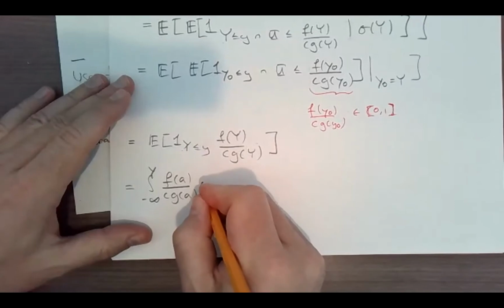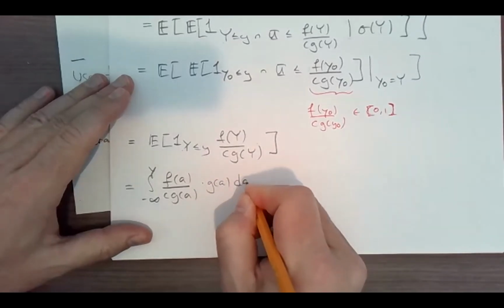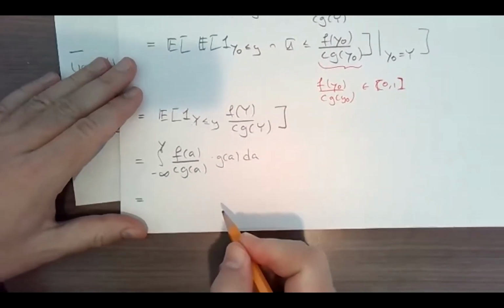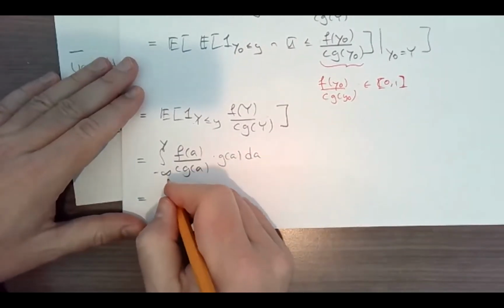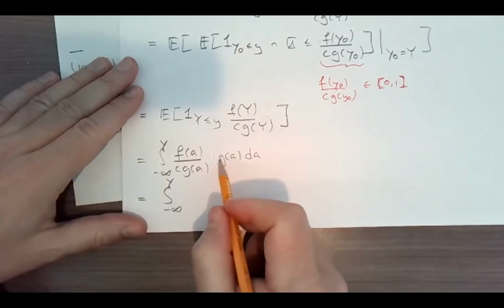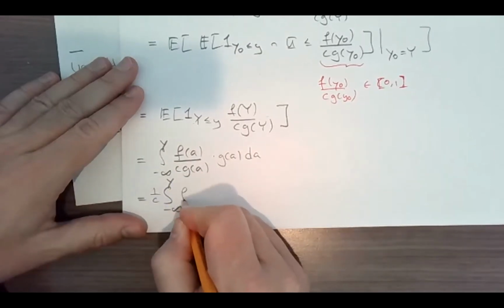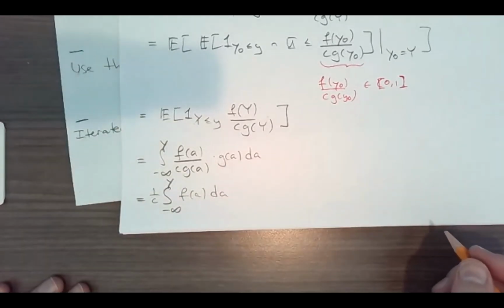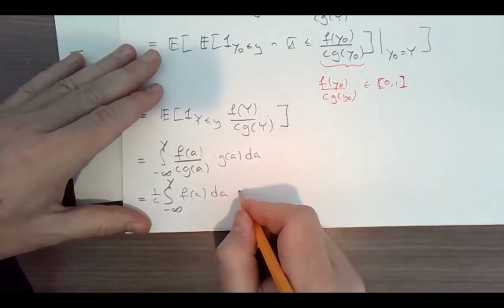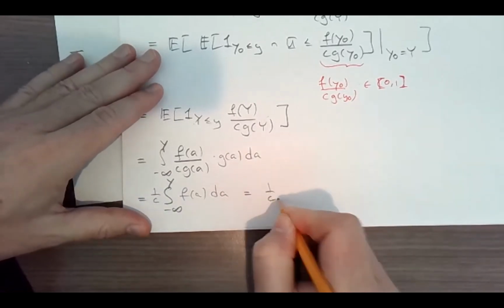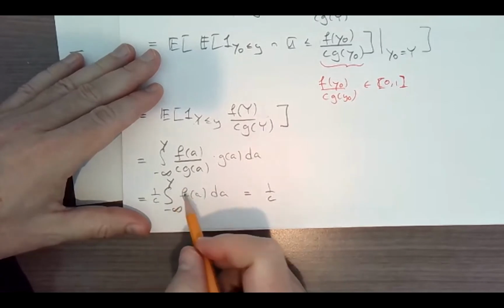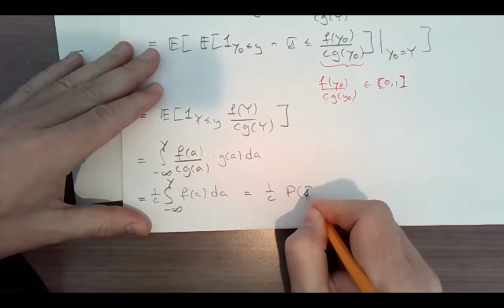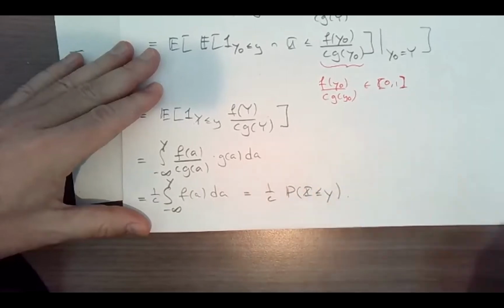I multiply here onto g of a, da. And this all becomes an integral from minus infinity to y. The g's cancel. I get 1 over c f of a da, which is 1 over c, and then f was the density for X. This is the probability that X is less than y.